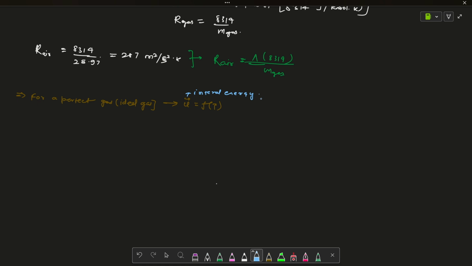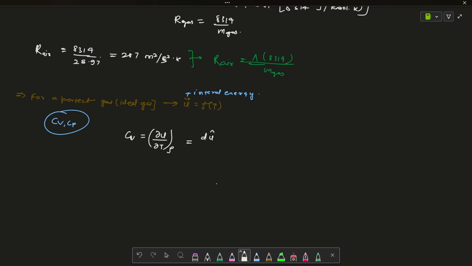Now we want to see on which parameters Cp and Cv will depend, and how they vary. As all of you know from your school days, the specific heat capacity at constant volume is defined as the change in internal energy with respect to temperature at constant density.